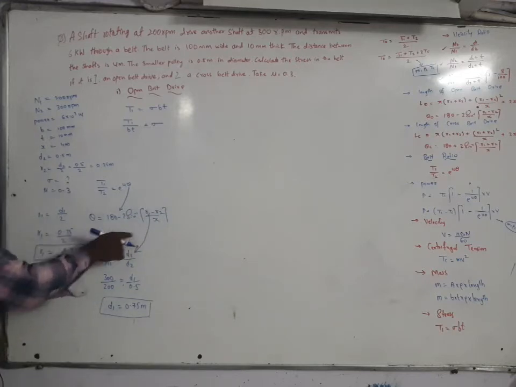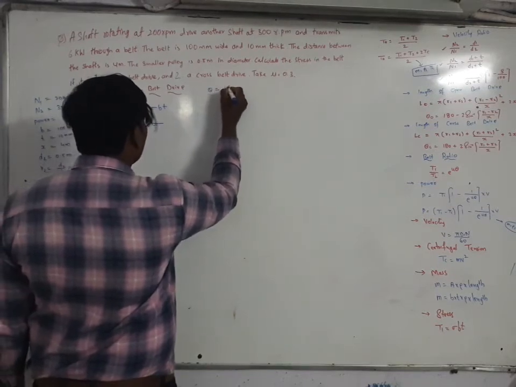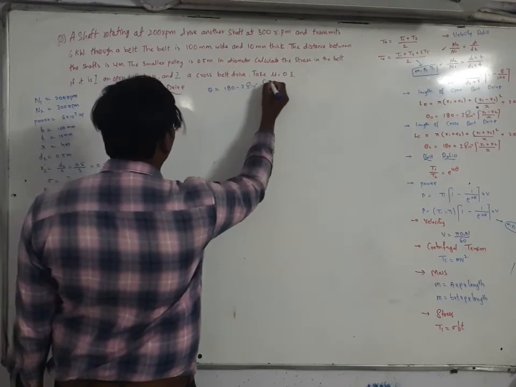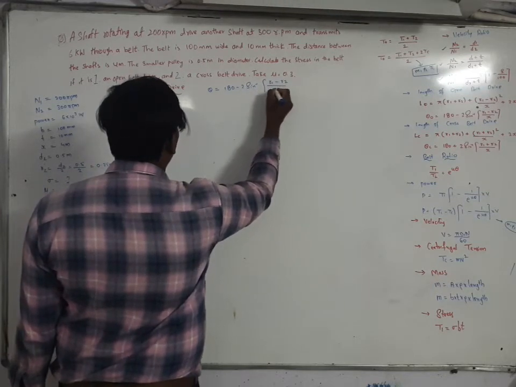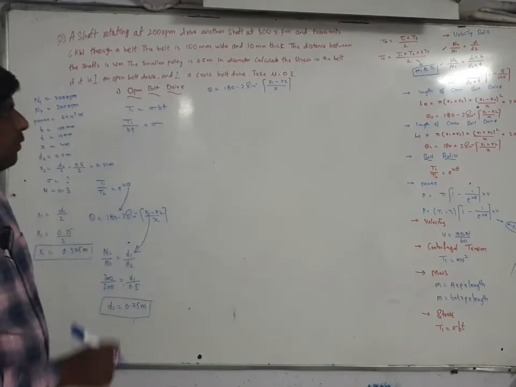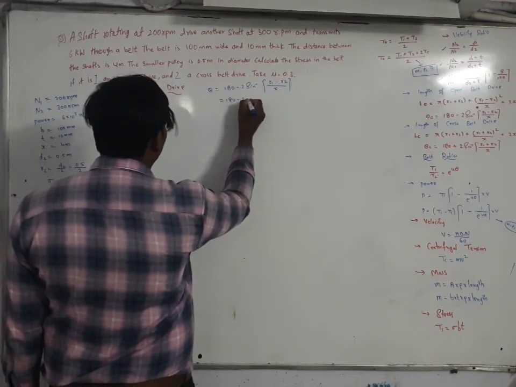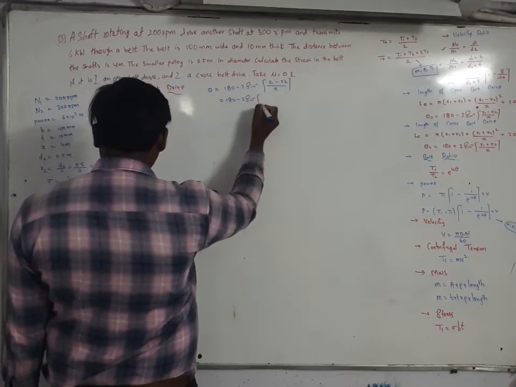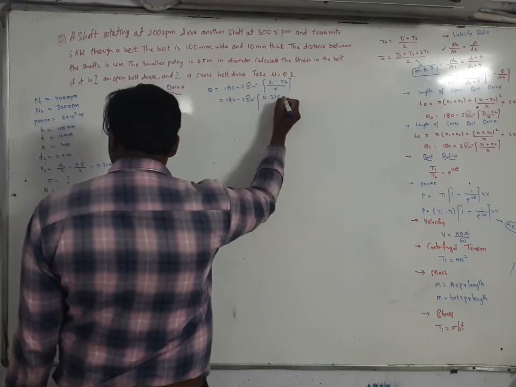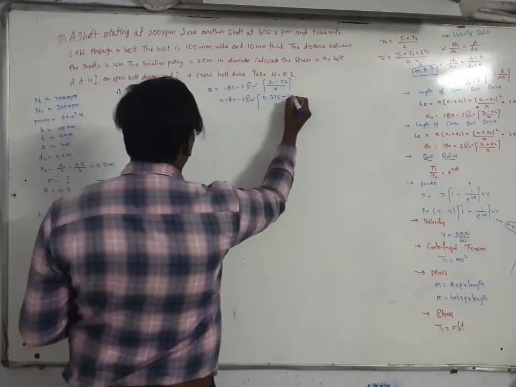If you substitute in theta, what is the formula for theta? 180 minus 2 sine inverse of (R1 minus R2) by X. So here substitute the R1 value you just got, 0.375, and the R2 value with the help of this, 0.25.